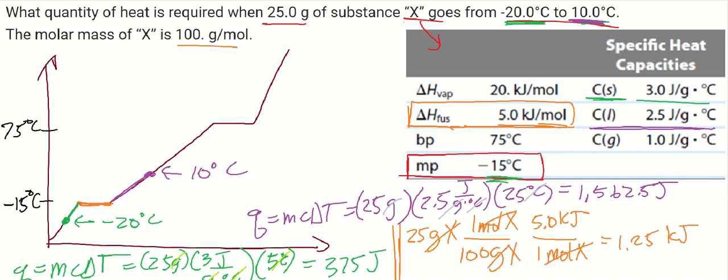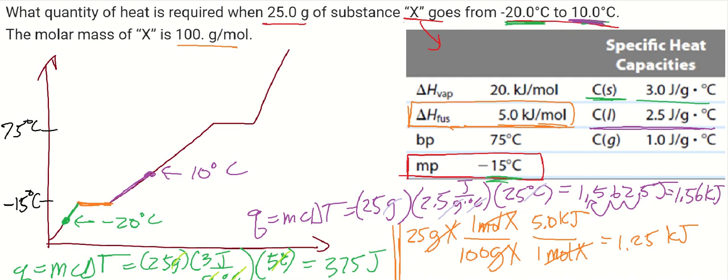Now we've got to add all of these numbers up. The problem is we're in joules here, and joules here, and kilojoules here. We can't add apples and oranges. The easiest thing to do is convert these joules into kilojoules. We can move the decimal over 3 times, 1, 2, 3, change that comma to a decimal, and we get 1.56 kilojoules for that.